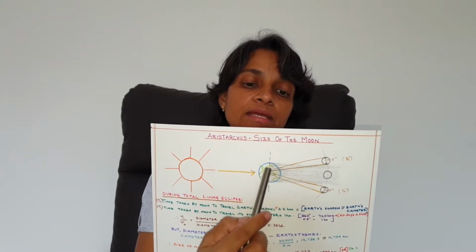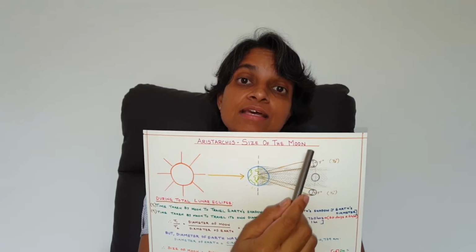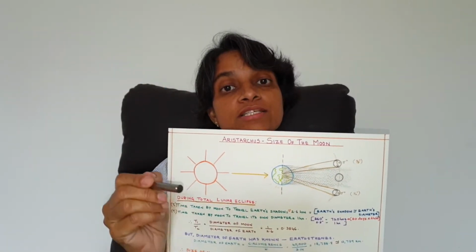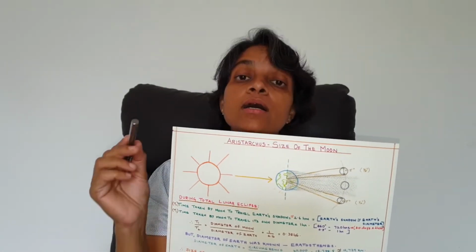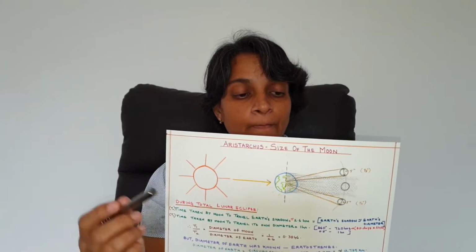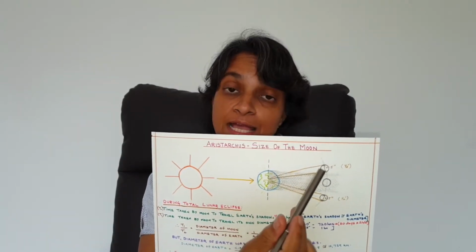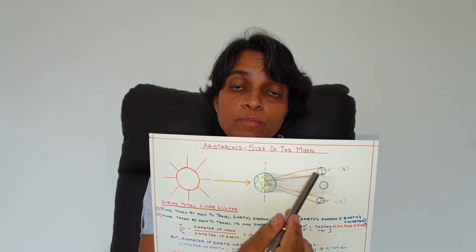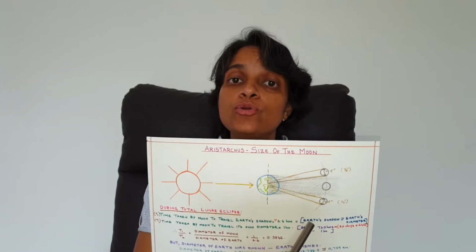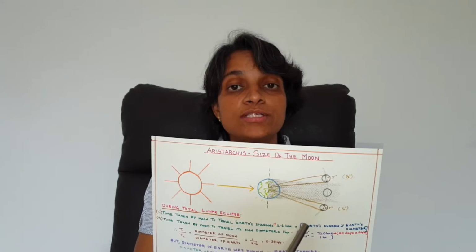Therefore, he measured the distance traveled by the moon through the Earth's shadow during a total lunar eclipse. He observed that the time taken by the moon to pass through the Earth's shadow entirely during the lunar eclipse was approximately 2.6 hours.